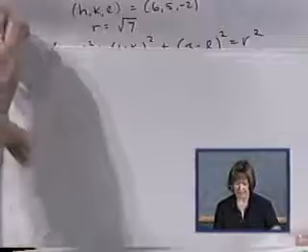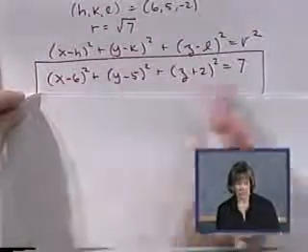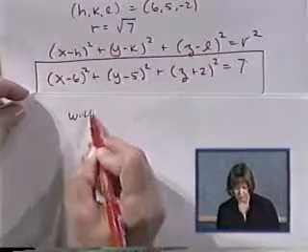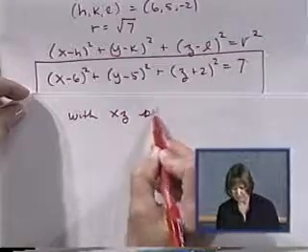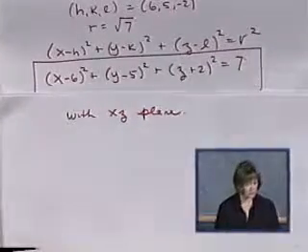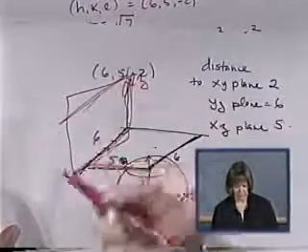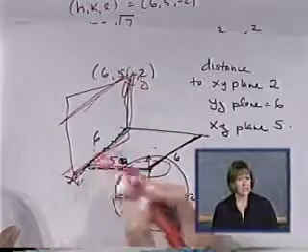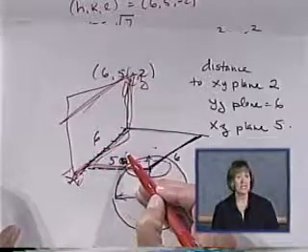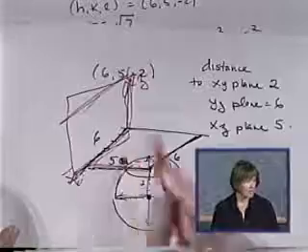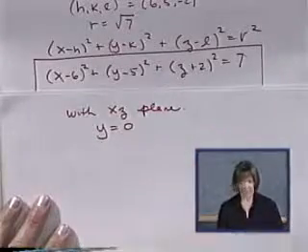Well, what if I want to take the intersection of this sphere with the xz plane? What can you tell me about every point in this plane? You go over x. How much y do you go over? 0, because if you go over y, that takes you off the xz plane. So in the xz plane, y is 0.